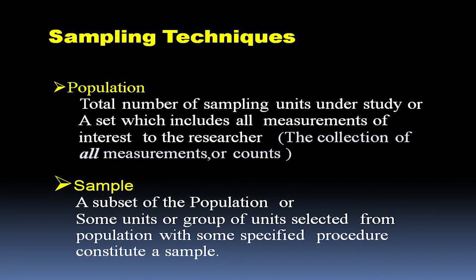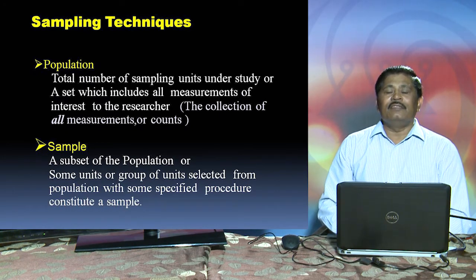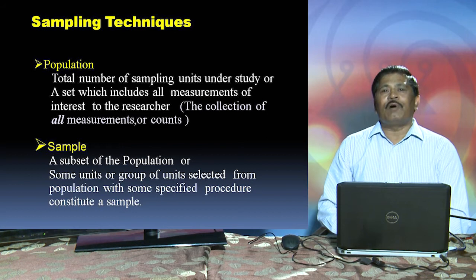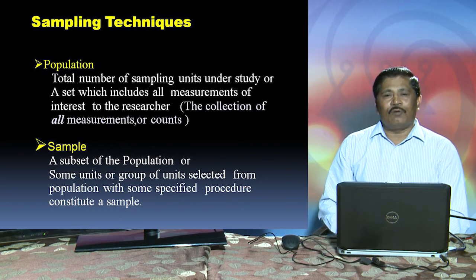Suppose my population can be different and another student's population can be different. So the total number of units under study, or the collection of all measurements or counts, is nothing but the population. You have to remember that population means the total number of units under study.